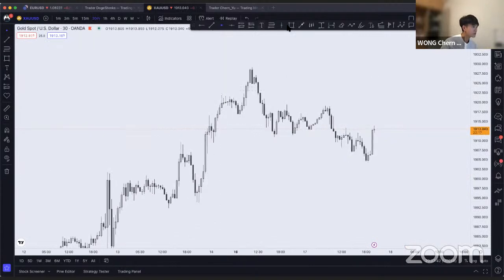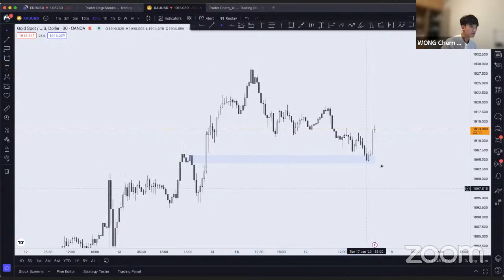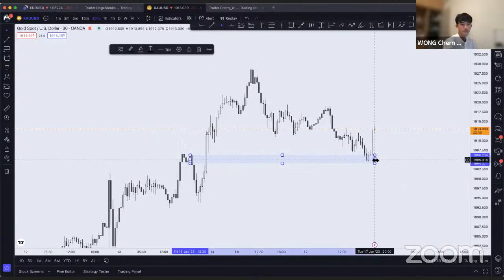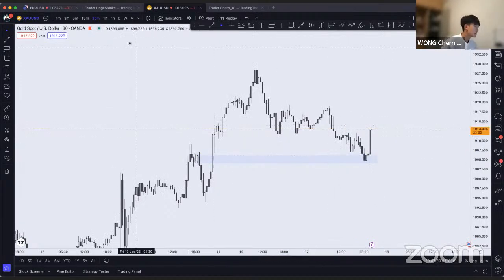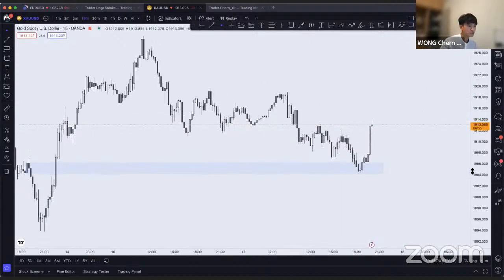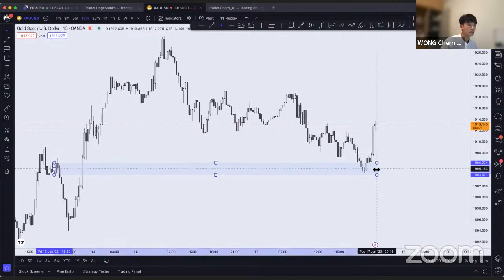On the 30 minutes time frame, we notice this ICT or Smart Money Concepts breaker block over here, right at 1905. We can see price rebounded off that area very sharply and went up about 60 to 70 pips. And let's go down to the lower time frame to see whether there's any confirmations for any trade that we could potentially look to enter.